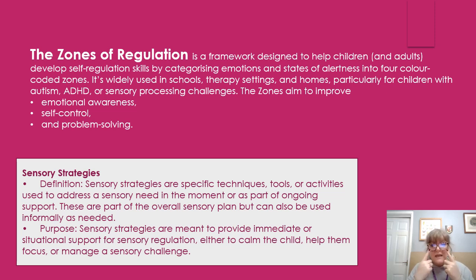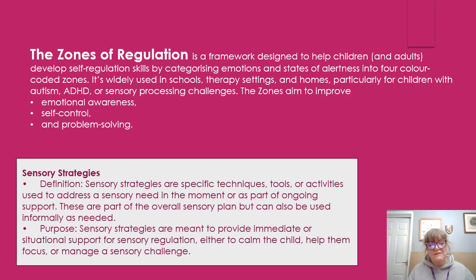So the zones aim to improve emotional awareness. So our aim is to support the young person to recognise what they're feeling, self-control and problem solving, and so we'll support them with sensory strategies that will solve their problem if they're feeling dysregulated.